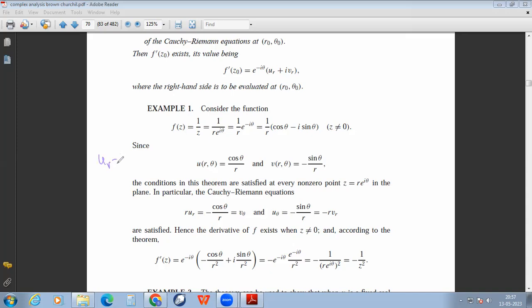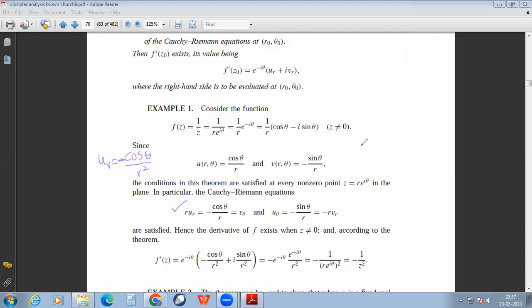What will be u_r? u_r will be cos theta upon the derivative of 1 by r. What is it? Minus 1 upon r square. Yes, it has to be minus 1 upon r square. So when you take this r with this u_r, it will be minus cos theta upon r.